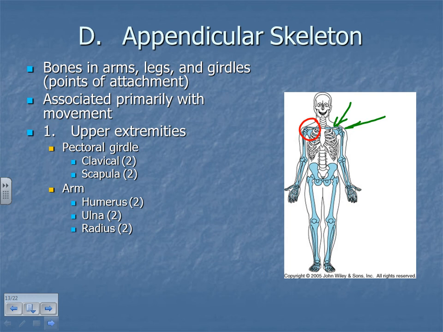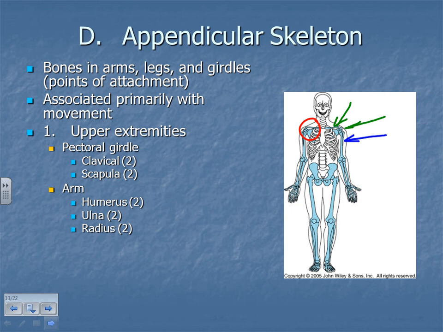Below the pectoral girdle, we have the actual appendage, our arm. Our arm is made up of 3 bones in each arm. Upper bone, the larger bone, is the humerus. This is number 20. Below the humerus, we have 2 forearm bones, the ulna and the radius.